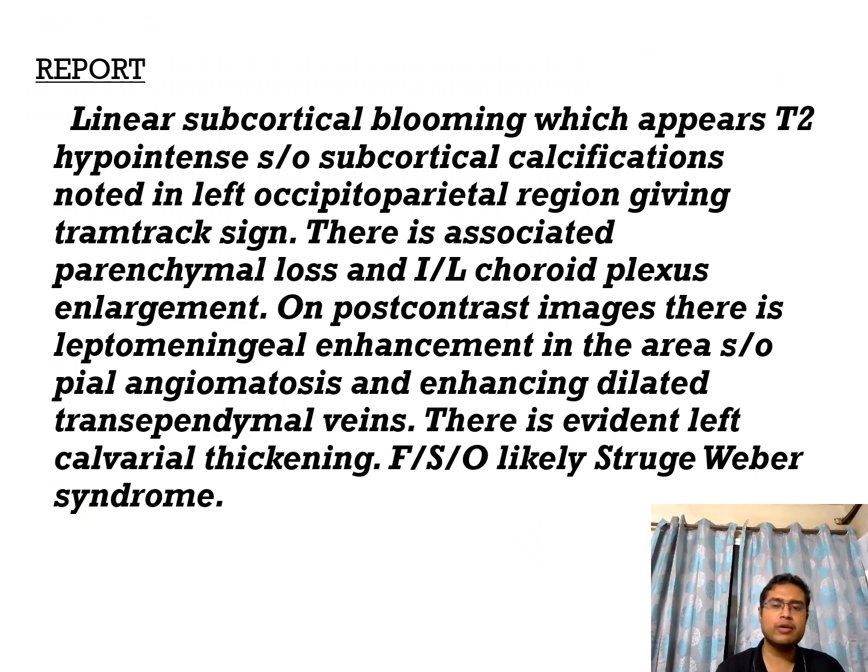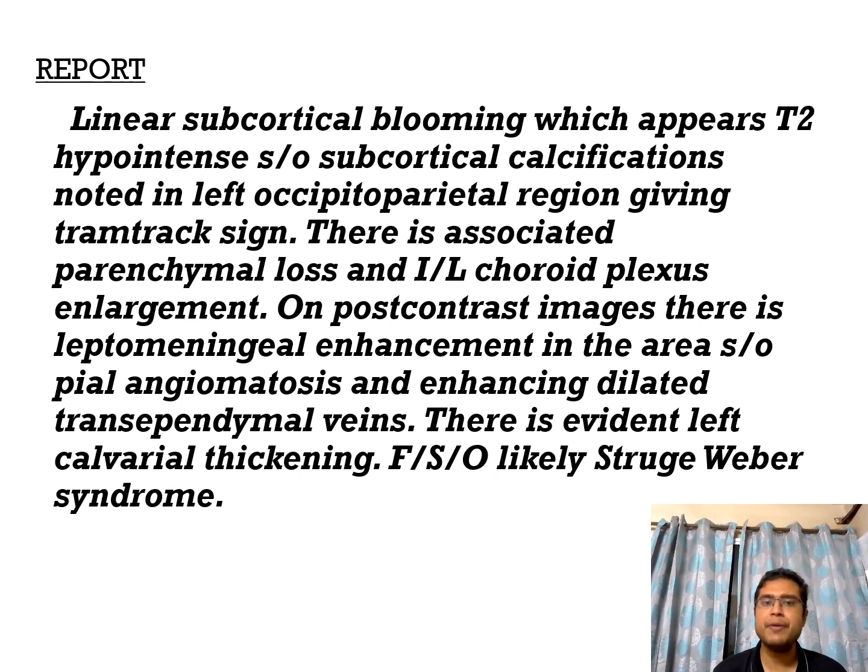This was the report that was given by me: there is linear subcortical blooming which appears T2 hypointense, suggestive of subcortical calcification in the left occipitoparietal region, giving a tram-track sign. This is a typical tram-track type of calcification. Then there is associated parenchymal loss along with the calcification, and also ipsilateral choroid plexus enlargement.